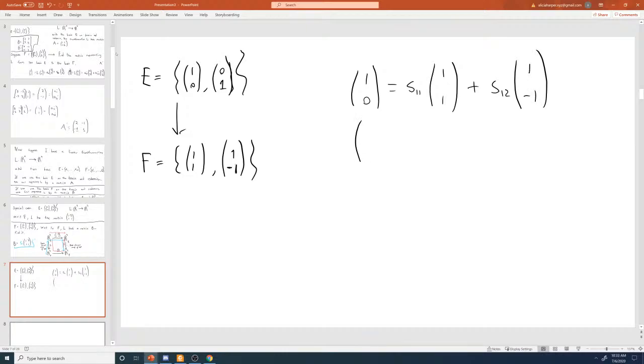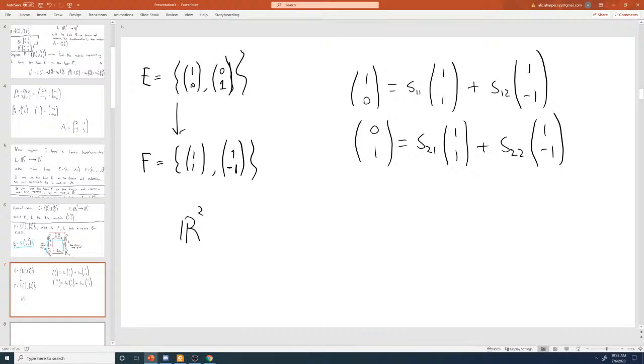And I also want to express 0, 1 in terms of these vectors. So this is S2, 1 times 1, 1 plus S2, 2 times 1, negative 1. And if I know what these S's are, then this is going to tell me what my base change map is from R2 with the basis E to R2 with the basis F.